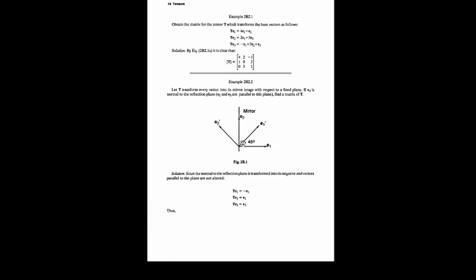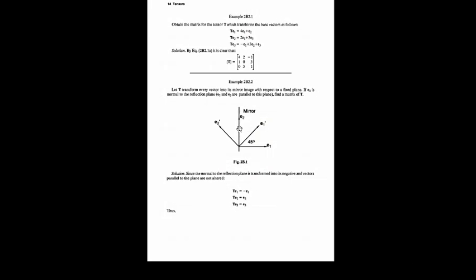As we have seen, E1 dash makes a 45 degree angle with E2, and E2 dash also makes 45 degrees, meaning we have taken a mirror on this line which is parallel to E2.